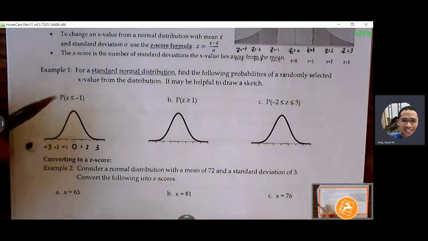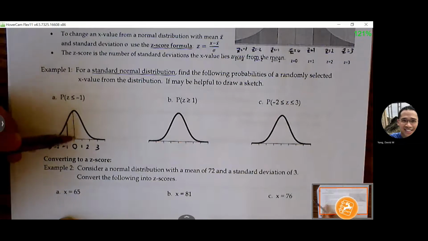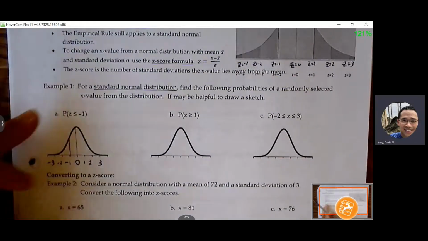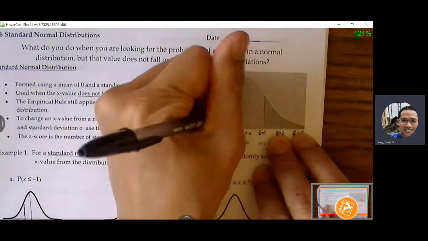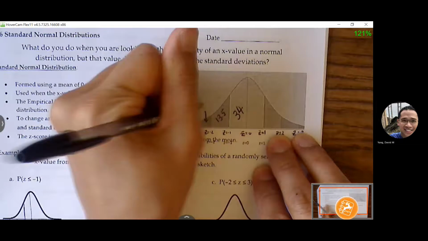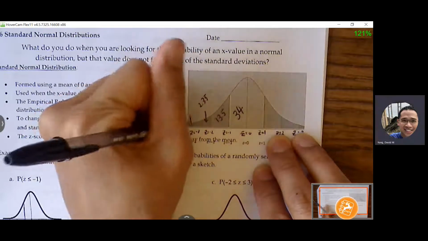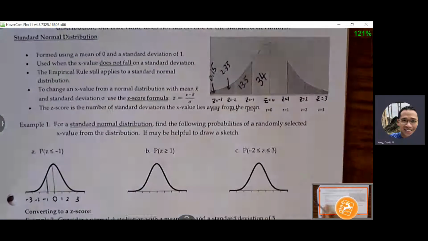Okay, so less than -1. From the table yesterday, we know that, let me fill those numbers in again, this is 34, 13.5, 2.35, and then 0.15. Okay, same thing on the other side.